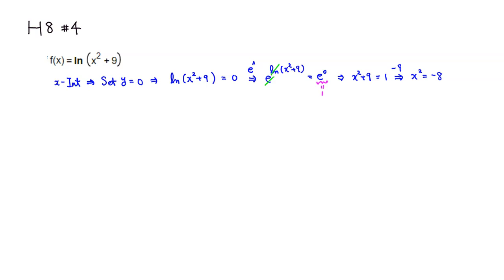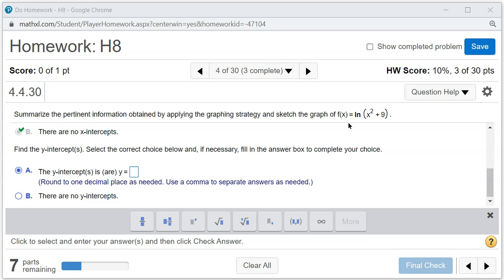To find the y-intercept, we're going to set x equal to 0. So y is equal to natural log of 0 squared plus 9, which is equal to natural log of 9. We have to round it to 1 decimal place.